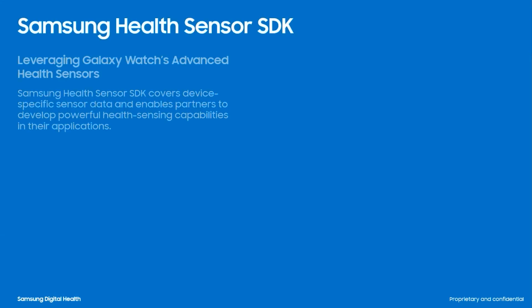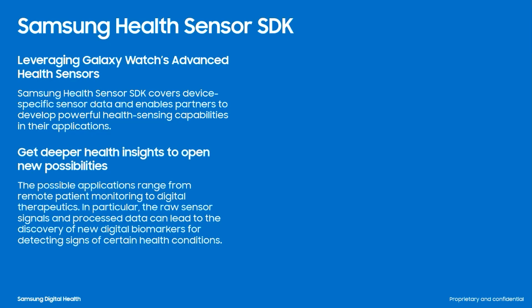So let me touch on the sensor SDK as well. We have amazing sensors on the watch, and we continue to invest a lot more into that sensing portfolio. Every time a new Galaxy Watch is released, you start to see a new capability, a new sensing.